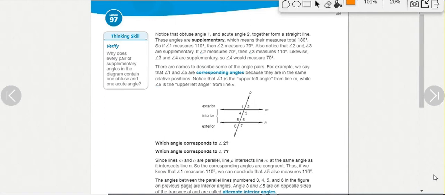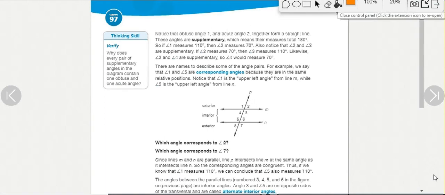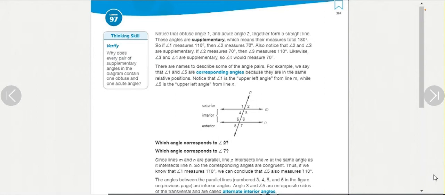Now, let's talk a little bit about these angles and the properties that we can count on. Angle 1 here, keep referencing this picture. Angle 1 is an obtuse angle, while acute angle 2 together will make a straight line. We've got angle 1, when combined with angle 2, is a straight line, 180 degrees.